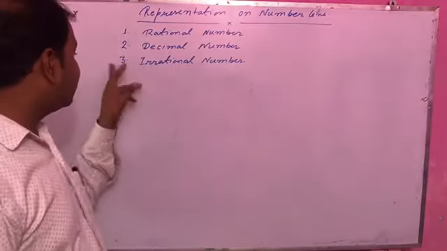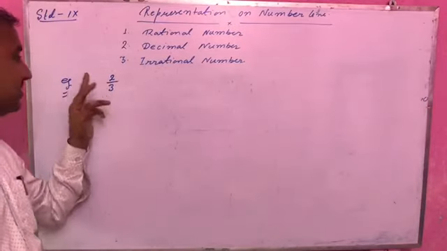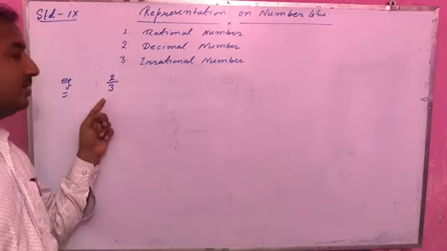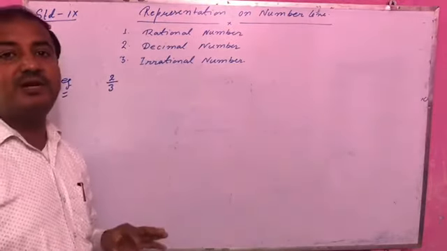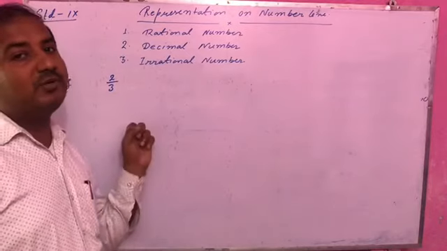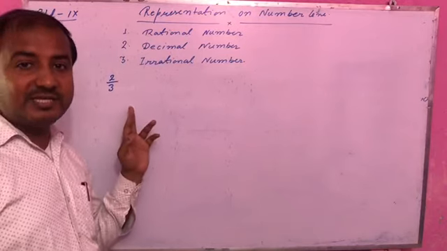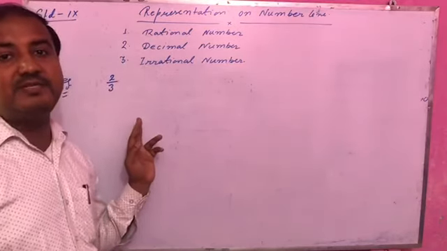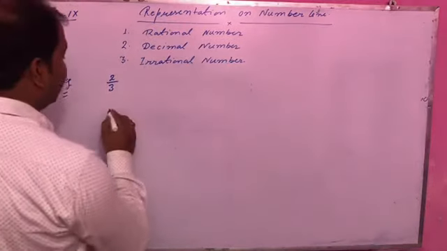Now this is less than 1. Whenever 2 is divided by 3, 2 by 3 means 2 is divided by 3, we will see this is less than 1. Less than 1 and more than 0, right to the 0. Actually this is positive, means this will lie between 0 and 1. ये किसके बीच आएगा? 0 and 1 के बीच आएगा.